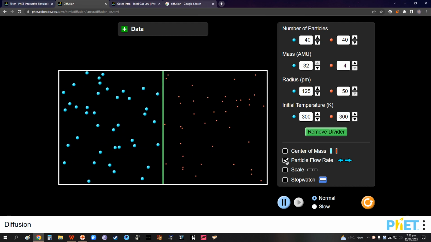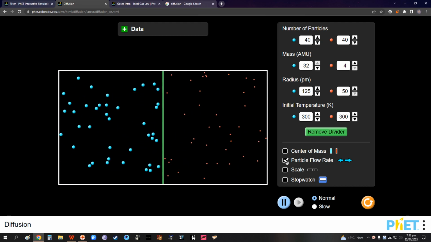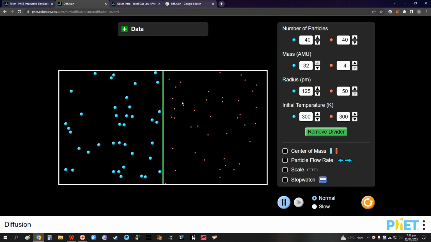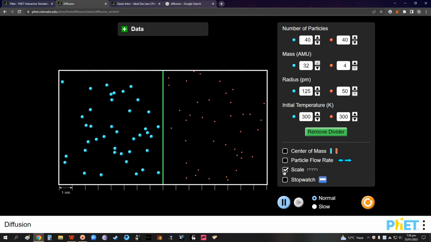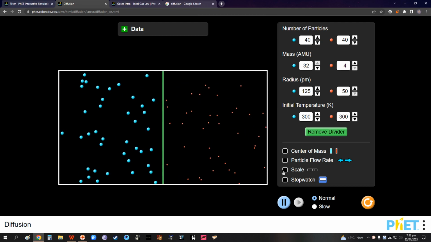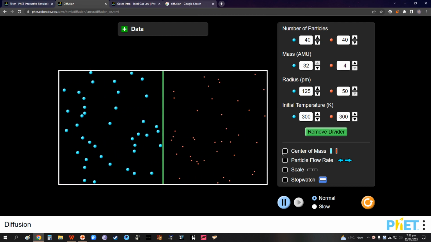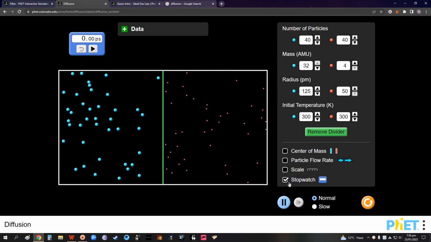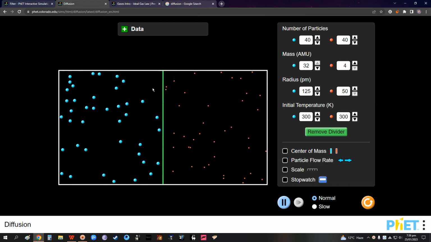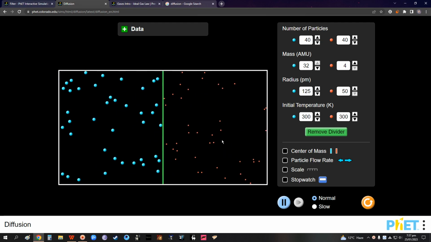Right now, there is no net movement between these two areas. We can see that once the divider is gone, and this can also scale in nanometers, how the particles are moving about. So I'm not just going to turn on any of these options. You may turn on the stopwatch if you want, but I'm still going to keep it off because I just want to visualize how these mix together.